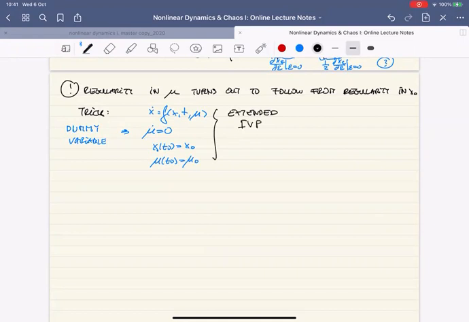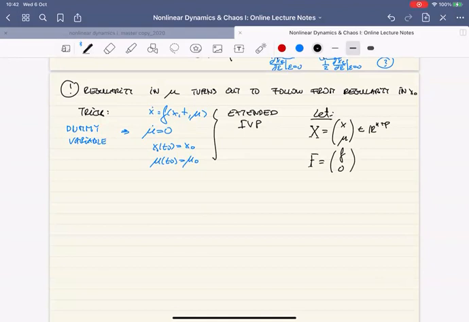But then comes the trick: let's introduce a new variable, capital X, which will be my original variable plus the dummy variable. So this is now taken from R^(m+p). Okay, and let's introduce a large right-hand side, which will be f, whatever I had before, and then I add 0 to that.